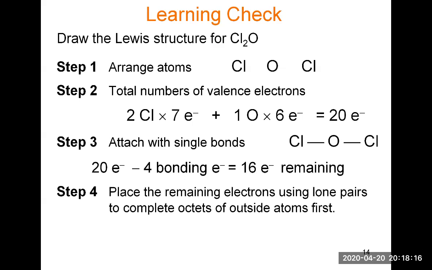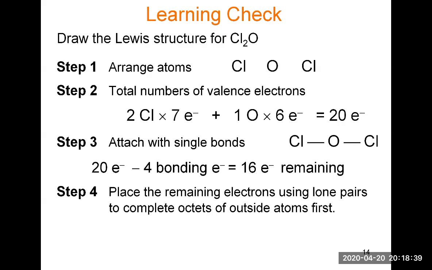The last step is to place the remaining electrons using lone pairs to complete octets of outside atoms first. So that means you want to complete the octet of the chlorine before you do the central atom. So chlorines right now, they have a single bond, which means 2 electrons.